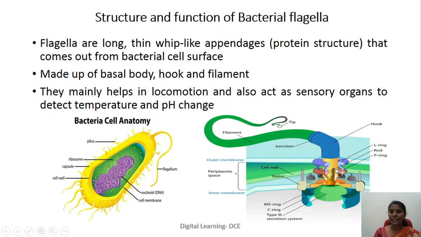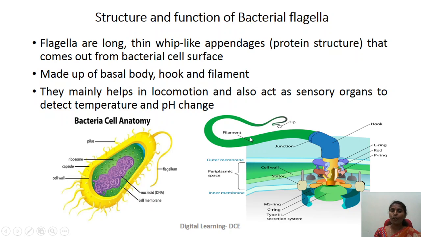The basal body. This basal body is inside the cell wall, and is mainly made up of 9 pairs of flagellin protein. Then there is a bent-like structure which arises from the basal body. This is known as the hook, and the hook extends to form a long whip-like structure that is known as the filament.